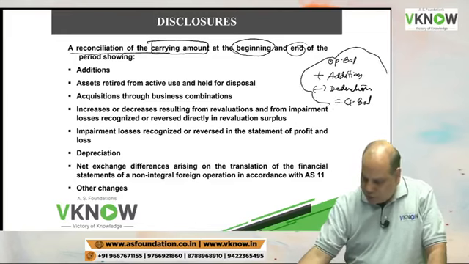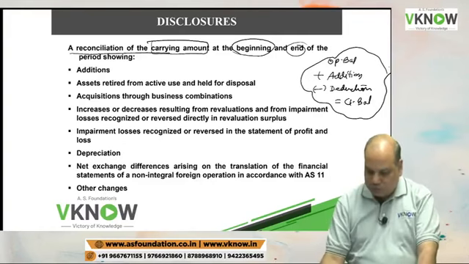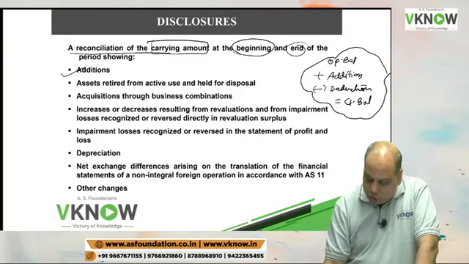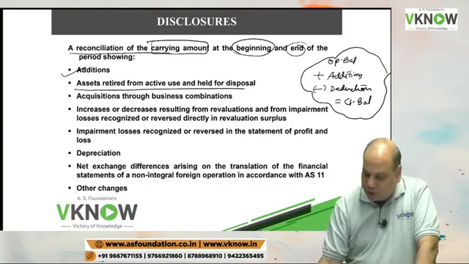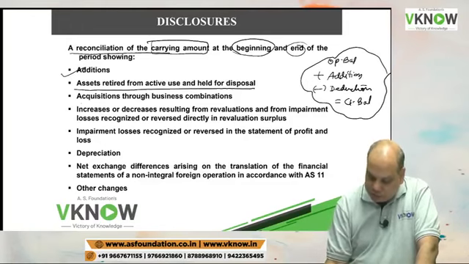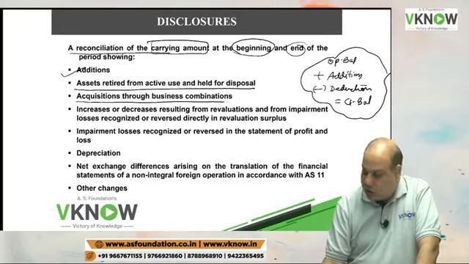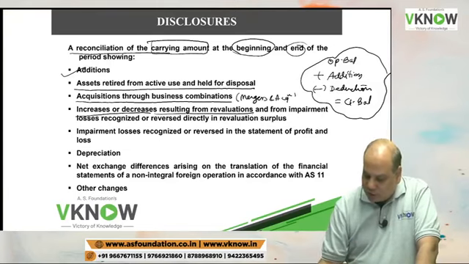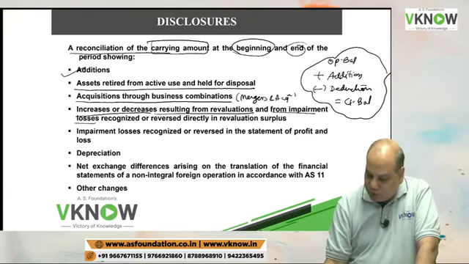Similar requirement is there in Schedule 3 also. You will show additions. You will disclose assets retired from active use and held for disposal. You will disclose assets acquired in business combination, meaning mergers and acquisitions. Increase or decrease resulting from revaluation and from impairment losses, recognized or reversed directly in revaluation surplus.